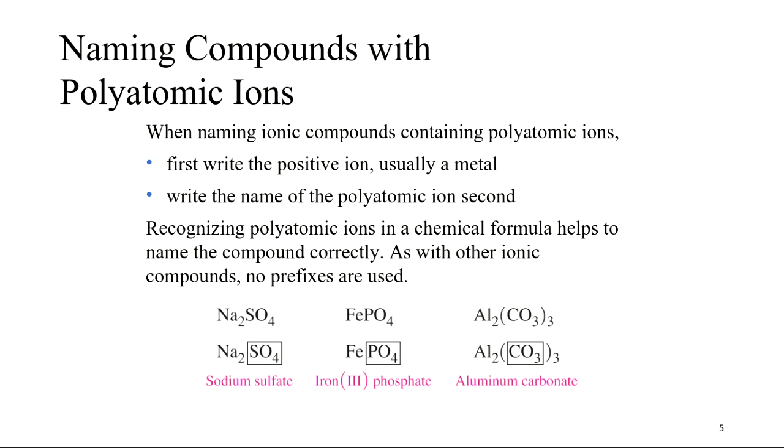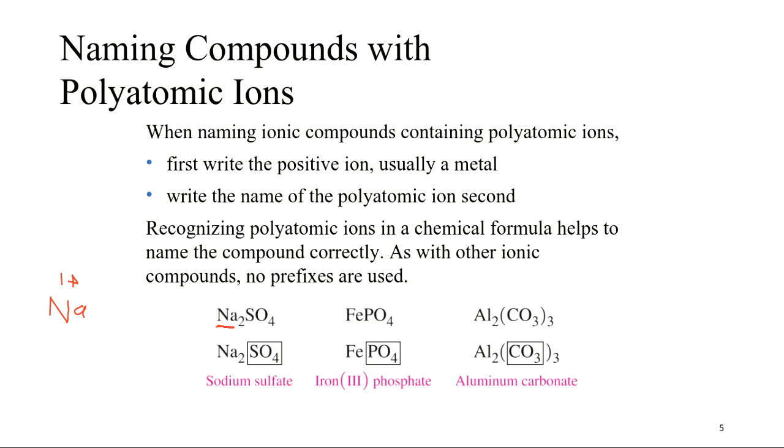Now we are also going to learn how to name compounds containing polyatomic ions. This is sodium, which is the metal, sodium in group 1A. So it will make a cation 1 plus.